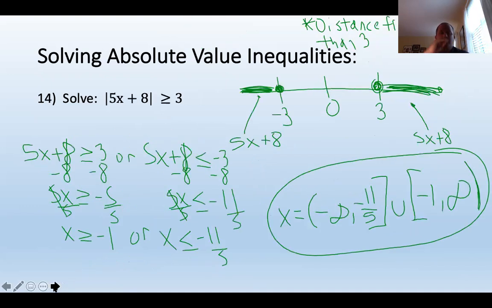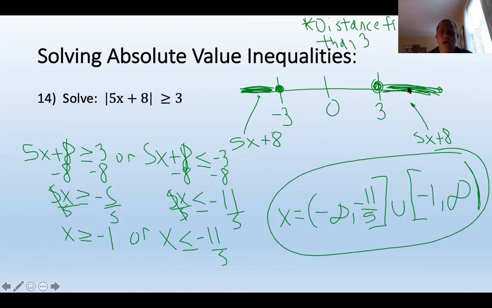This problem states solve absolute value of 5x plus 8 is greater than or equal to 3. For absolute value of 5x plus 8 to be greater than or equal to 3, that means 5x plus 8, the distance from 0 on a number line, needs to be larger than or equal to 3.